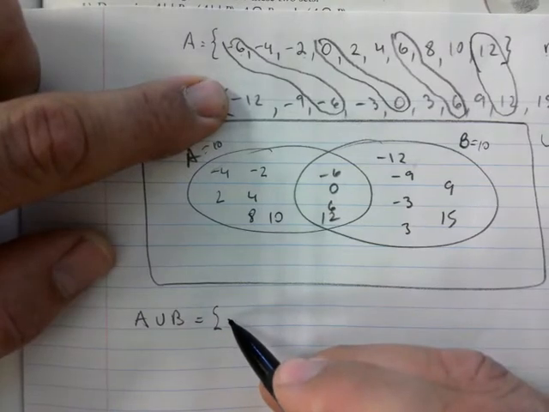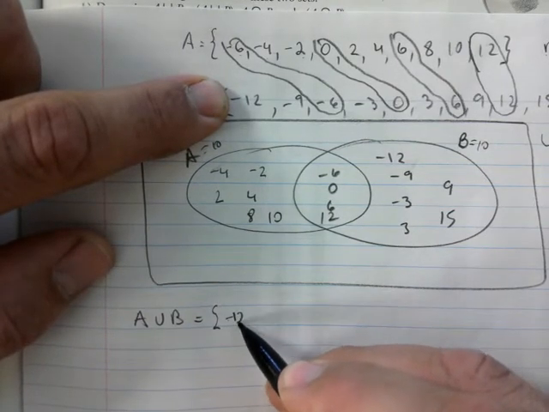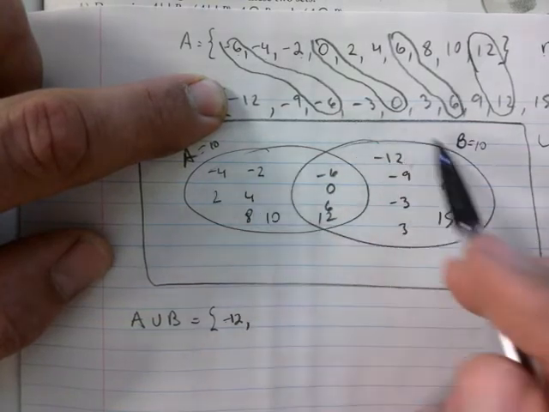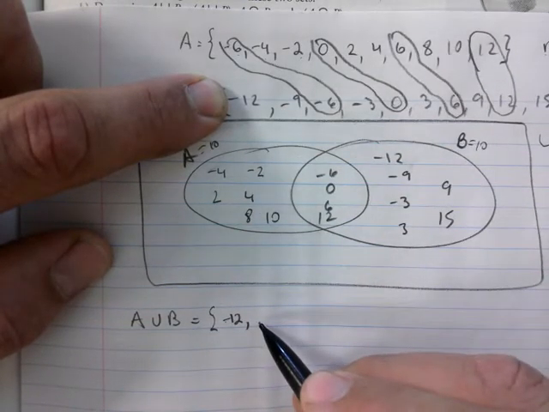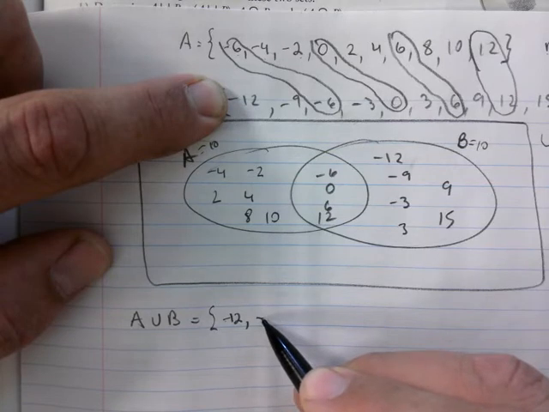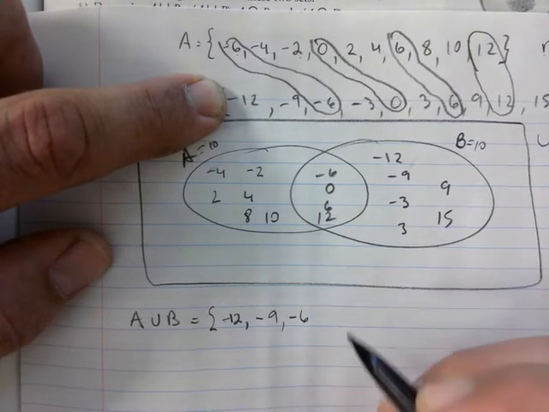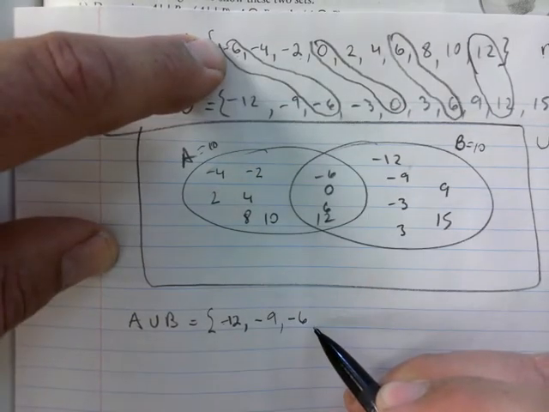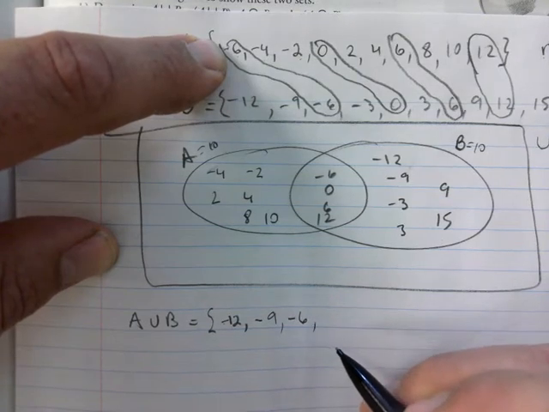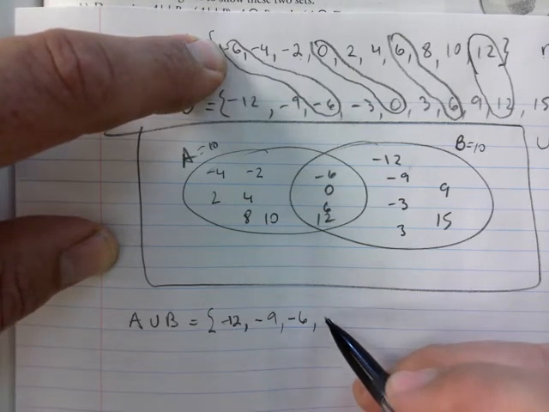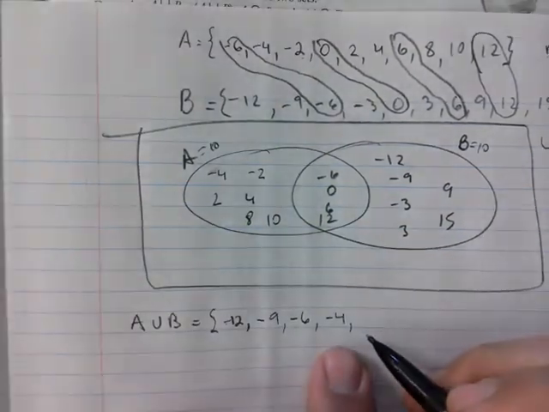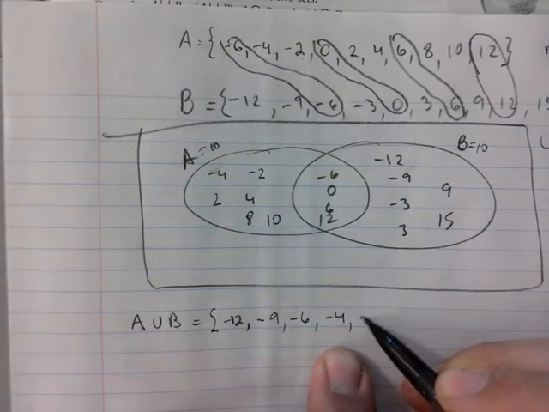So I'm going to go from the smallest, negative 12. I'm going to have 16 in total. Okay, 16 in total. Negative 12, negative 9, negative 6. Yeah, negative 6 here. What comes next? Negative 4. Got it. Help me out, because it's Monday.